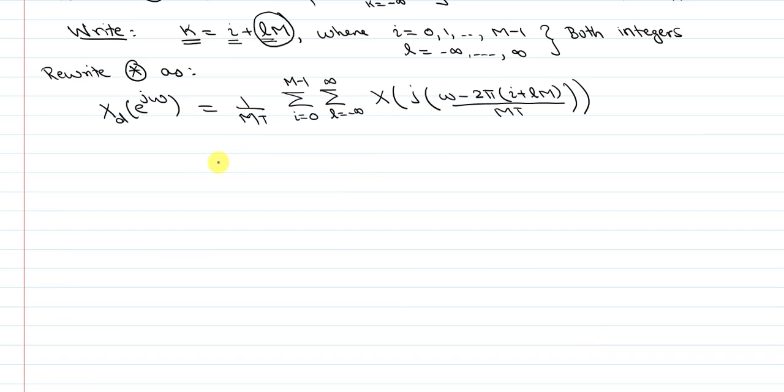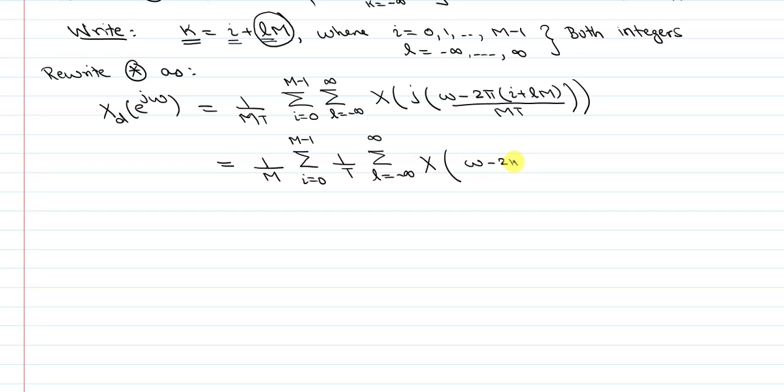So what I'm going to do next is simply break down a few things. First of all, 1 over M, I'm going to bring 1 over T inside the summation. I'm going to write this 1 over T, sum over l from minus infinity to infinity, and then I'm going to break this 2π(i plus lM) over MT as follows.